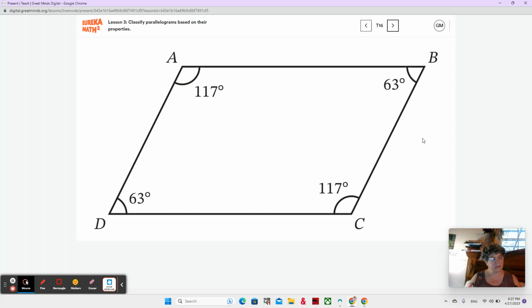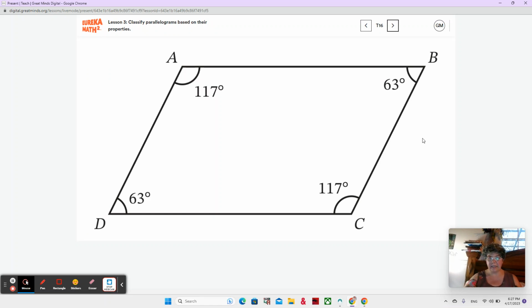Do opposite angles in trapezoids have the same measure? Not necessarily. It depends on the trapezoid, right? If the trapezoid is a parallelogram, then it will be true. Where in the parallelogram do you see angles that are supplementary, that add up to 180 degrees? Do you see that?